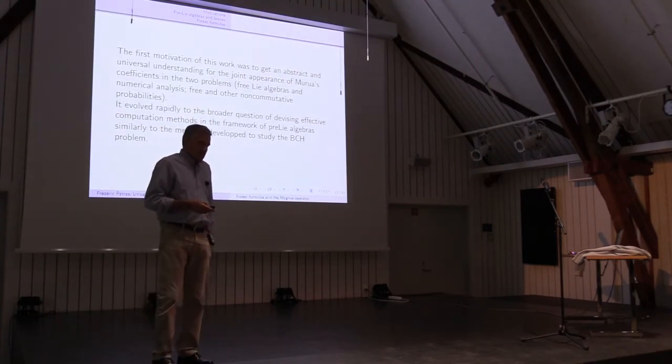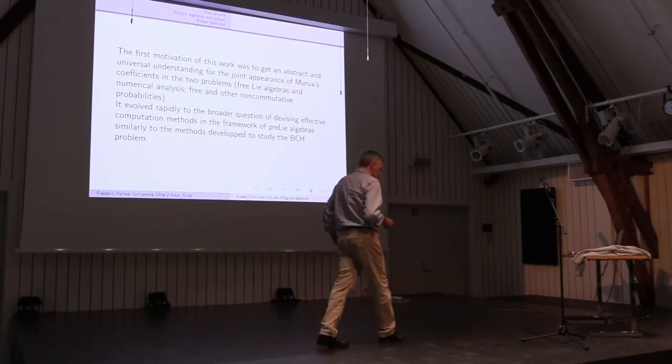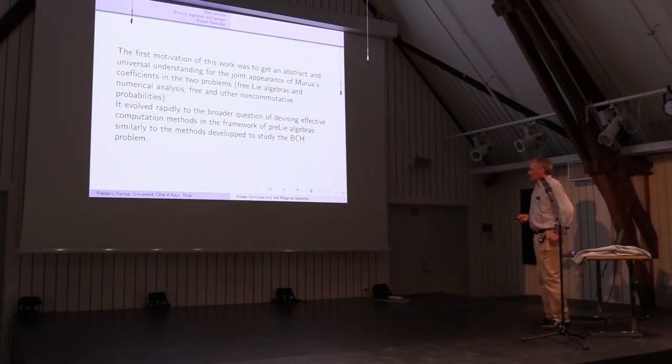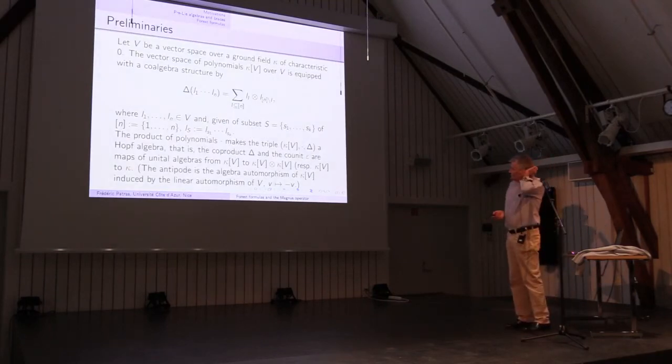Maybe make a connection with the Baker-Campbell-Hausdorff problem, and then progressively we moved from this initial project to the project of embedding this kind of calculations, in relation to the Baker-Campbell-Hausdorff problem and in relation to free probability, into the broader setting of obtaining formulas in the theory of Pre-Lie algebras, which I'm going to define later. So let me move to Pre-Lie algebras.